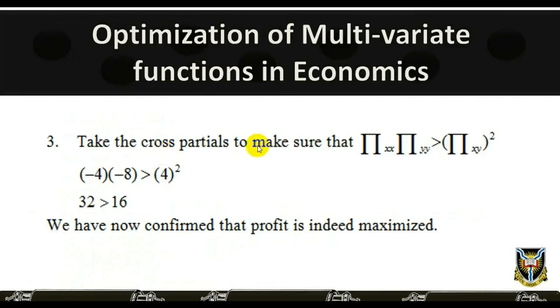Take the cross partial to make sure that pi xx times pi yy is greater than pi xy, in bracket, all to power 2. That is, minus 4 times minus 8 is greater than 4 to power 2. 32 is greater than 16. We have now confirmed that the profit is indeed maximum.